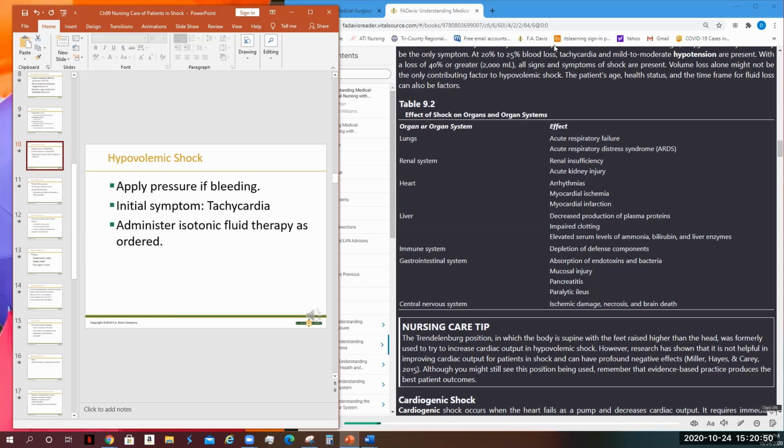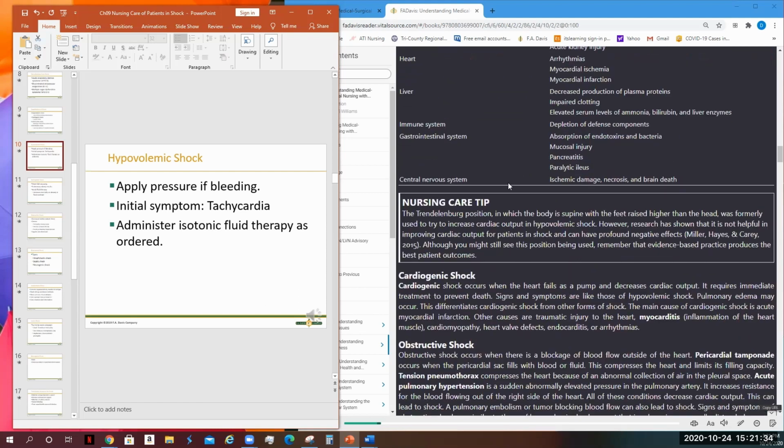The effect on the liver is a decreased production of plasma proteins, impaired clotting, elevated serum levels of ammonia, bilirubin, and liver enzymes. The effect on the immune system is a depletion of defense components. And in the gastrointestinal system, the effect is an absorption of endotoxins and bacteria. There's mucosal injury, pancreatitis, and possibly a paralytic ileus. The central nervous system undergoes ischemic damage, necrosis, and brain death.